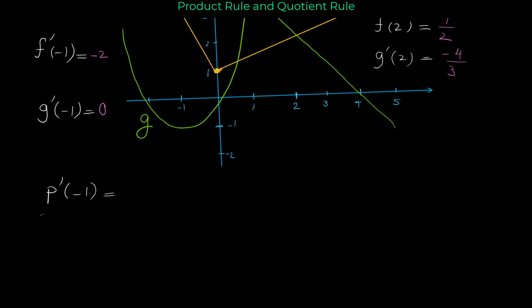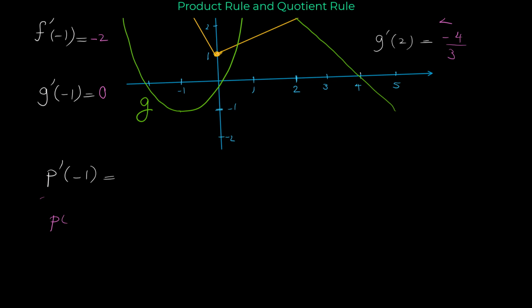So p equals f of x times g of x. And we want to find p prime, so we have to find derivative of the function p. But the function p is f times g. For finding derivative of f times g, we have to use the product rule.